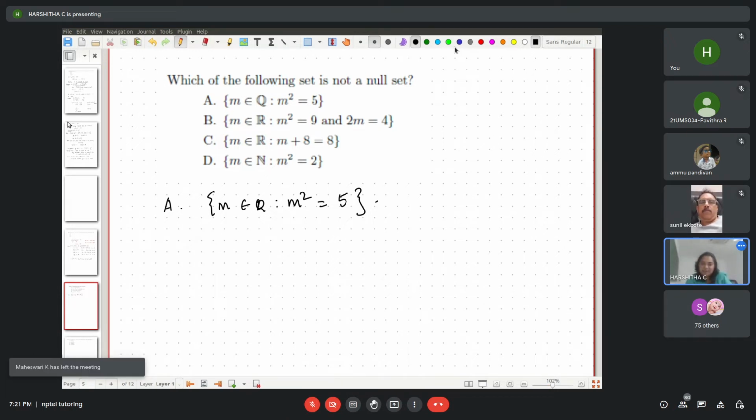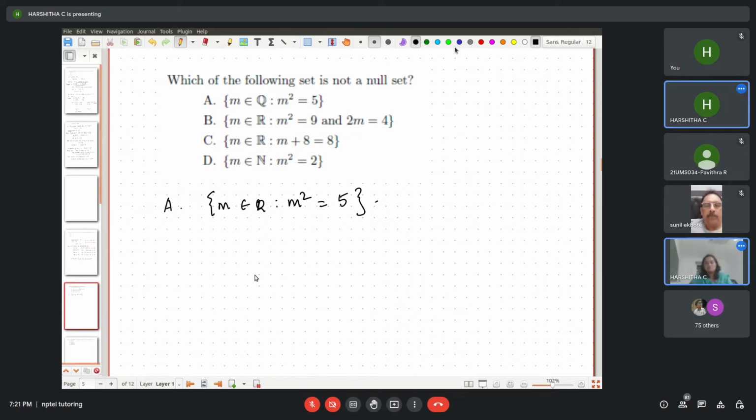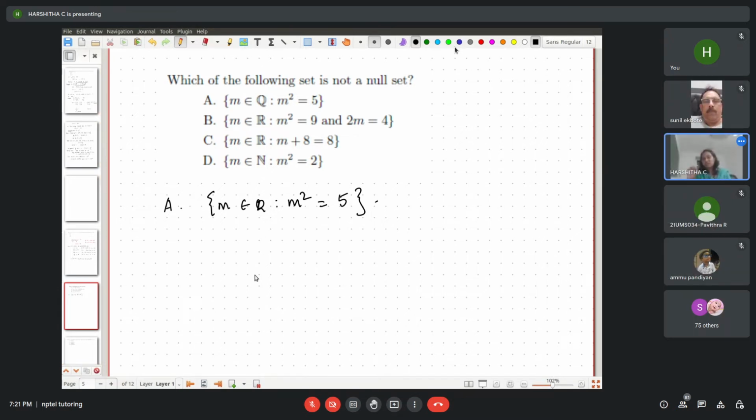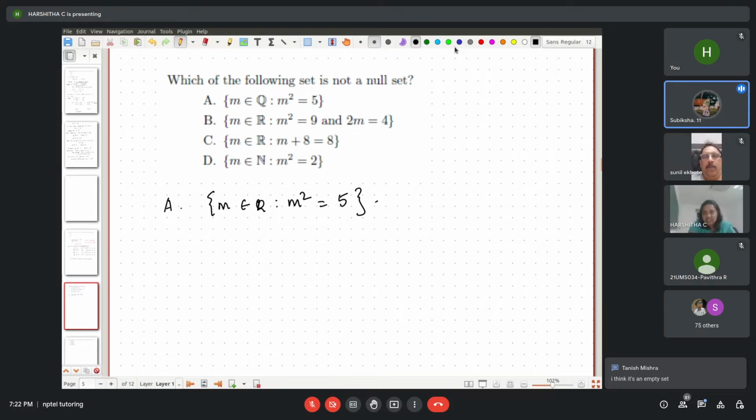Can you have a rational number whose square is 5? No, ma'am, only irrational square could be 5. Okay, so somebody claims that, yeah, if a number's square is 5, it has to be irrational.